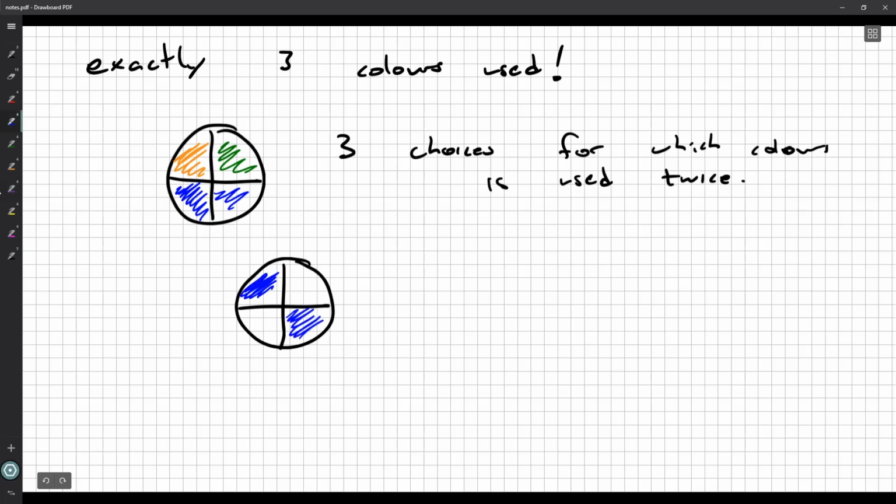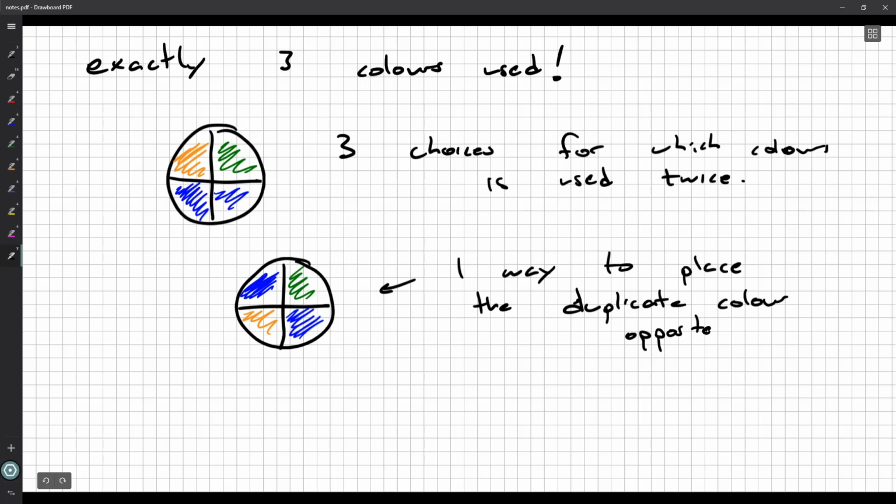So if the sort of duplicated color, I might call it, is used opposite itself, there's really only one way to do that. So one way to place the duplicate color opposite itself, right?